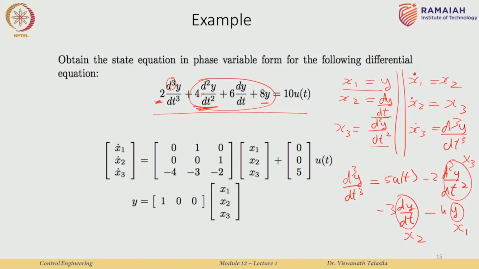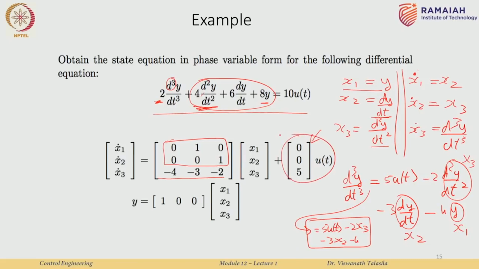So this equation is nothing but 5 u of t minus 2 x3 minus 3 x2 minus 4 x1. That is the final, the last row of the state space model, and that is exactly what we get over here. And the first two rows in this case, as we have seen, will always be 0 1 0 and 0 0 1. And now we have the inputs in the final matrix over here in this form.